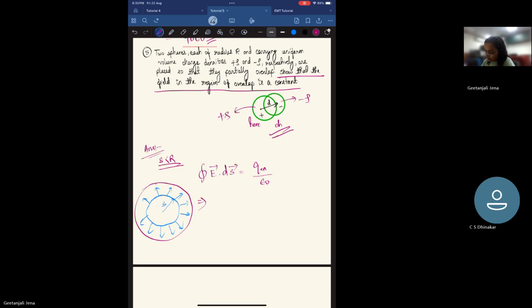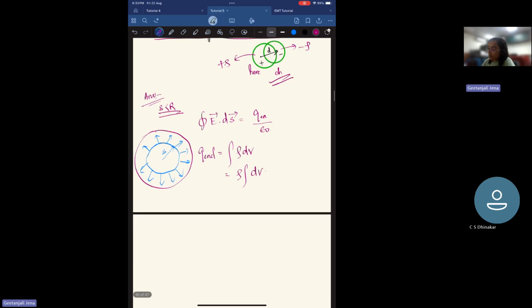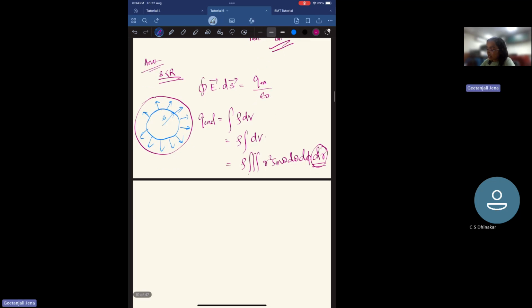Let us see first Q enclosed. It will be the integral of rho dV. Rho is uniformly distributed, so we can take it out of the integral, and this is dV. For a sphere, dV has the expression r square sine theta, d theta, d phi, dr. Don't forget this dr. The integration limits will be from 0 to r for r, from 0 to 2 pi for phi and from 0 to pi for theta.